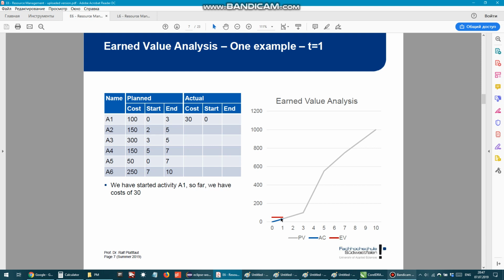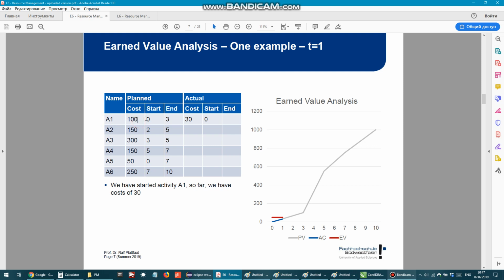Red line is earned value. So we think that this task A1 will bring us the value of 100. It doesn't matter how much you will charge your customer. You do this task, and you can charge your customer 1000.